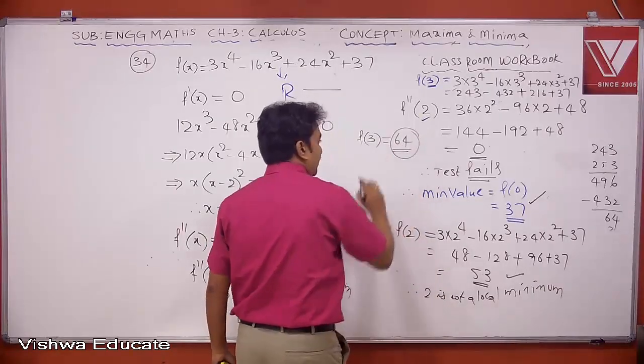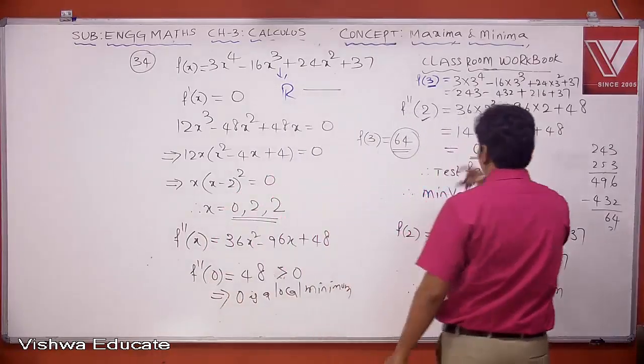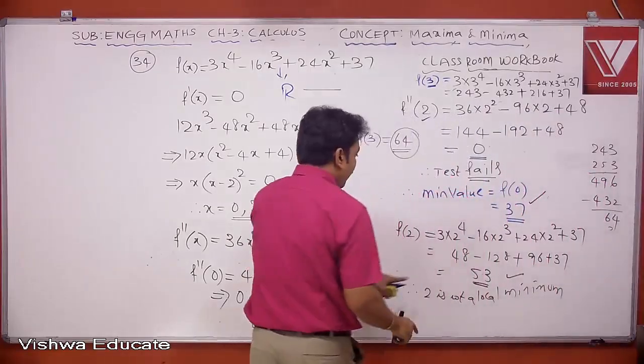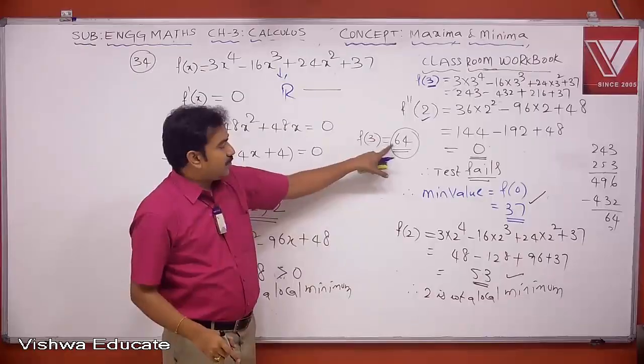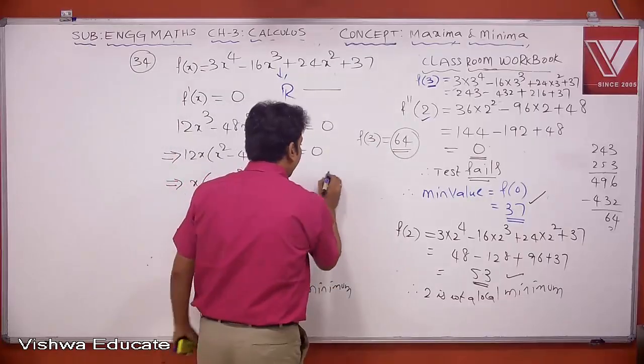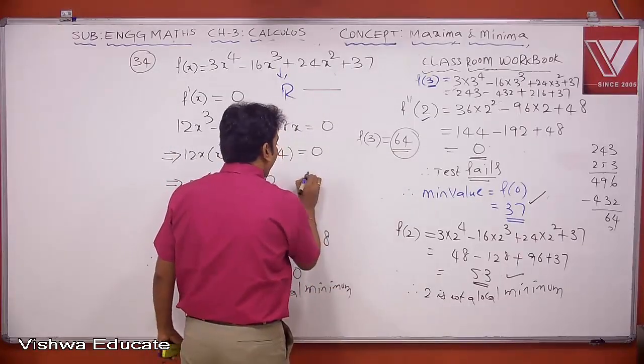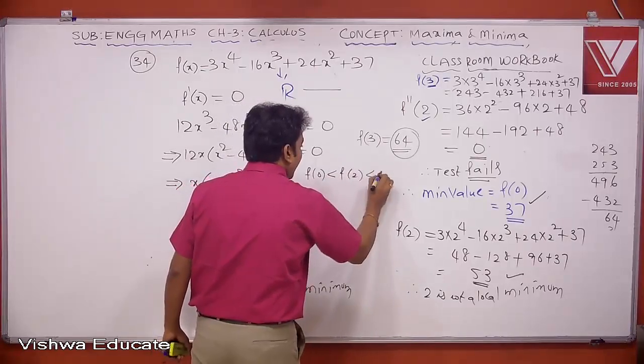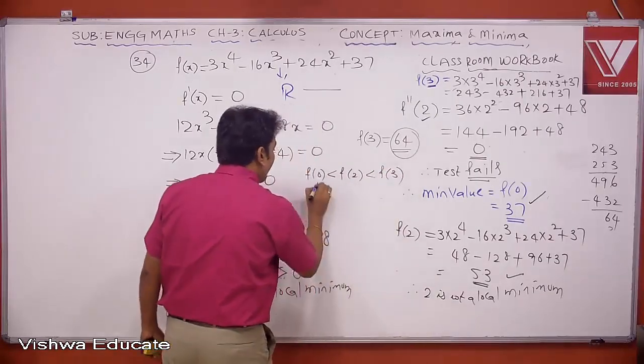Now this is a crucial factor to say about the point 2. Let us see. What is my f of 2? The value of f of 2 is 53. So what is f of 3? 64. So I will write like this: f of 0 is less than f of 2, which is less than f of 3. But what is f of 0?